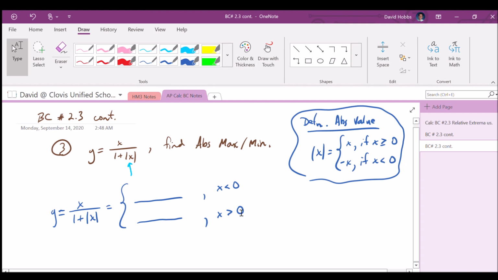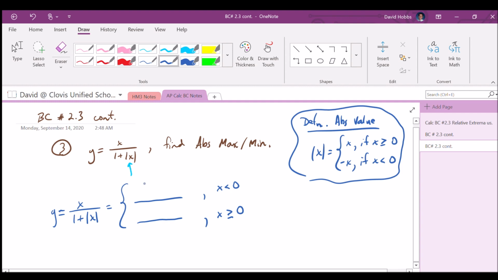Okay, now, which one's the positive? Usually it's the greater than, but we can test it. So if x is greater than 0, those are positive numbers, the inside is positive. So the equal sign should go with the positive rule every time. So if x is less than 0, we're going to multiply the inside by negative 1.